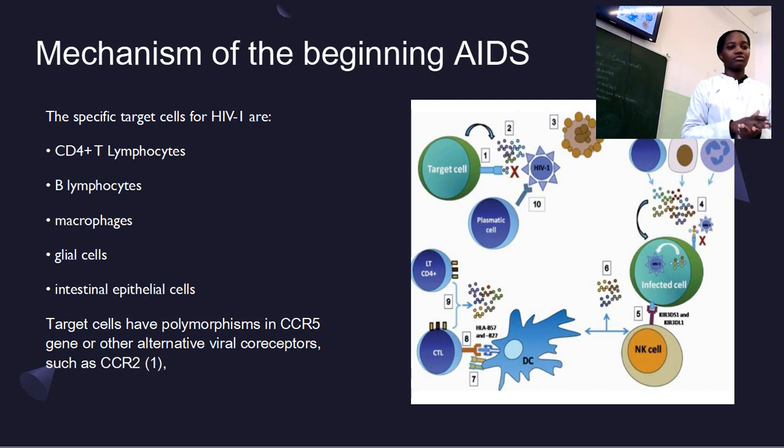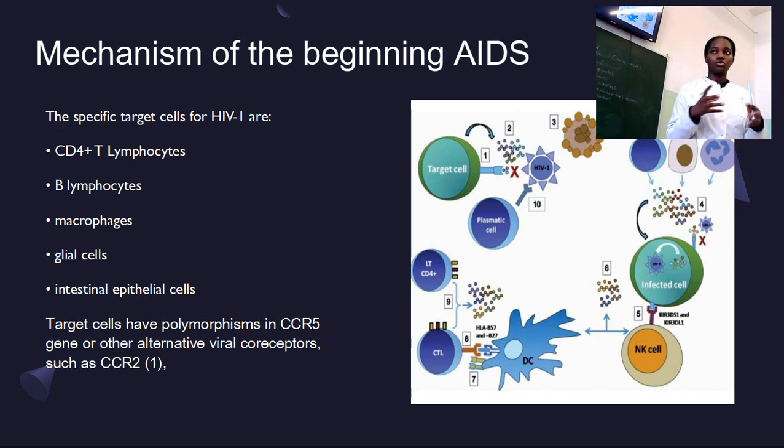Mechanism of beginning of AIDS. Alright, so we can see that it starts off with T lymphocytes. The main target cells are the CD4, which are the T helpers, and T lymphocytes. And then we have B lymphocytes, macrophages, glial cells, and intestinal epithelial cells. The main target for the HIV virus is actually the T helpers, because they affect the phagocytosis process, the immune defense, and also humoral defense.